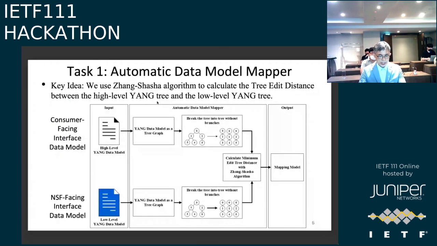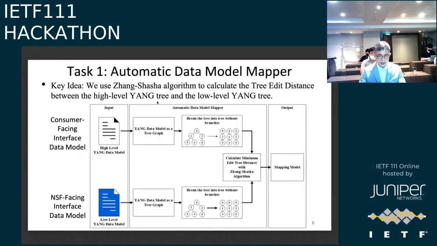The first task is the automatic data model mapper. In this figure, on the left-hand side, we have two data models. The first one is the consumer-facing interface data model, which means the high-level YANG data model. Below that, we have the NSF-facing interface data model, which means the low-level YANG data model.